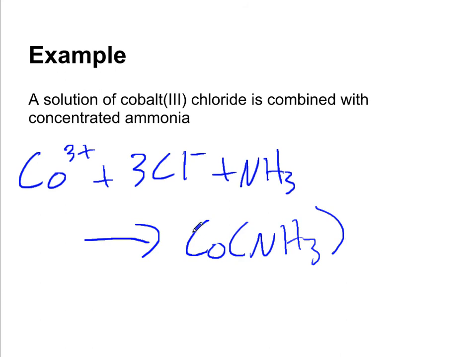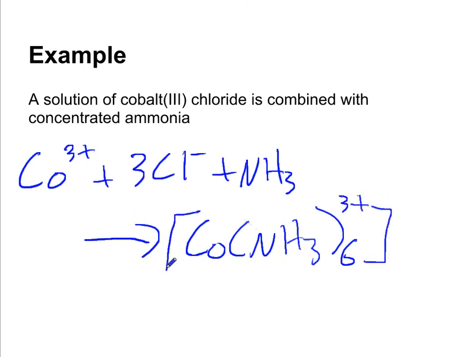Now remember, the number of ligands that attach to the metal ion is twice the number of that charge. So it's +3 charge. That means there's going to be 6 ammonia ligands that attach to it. And for the overall charge of this ion, we're going to add the charge of the cobalt and ammonia together, so it's going to be a +3 charge.